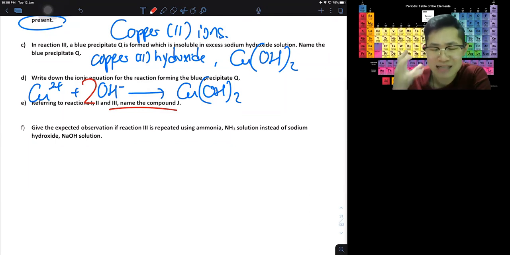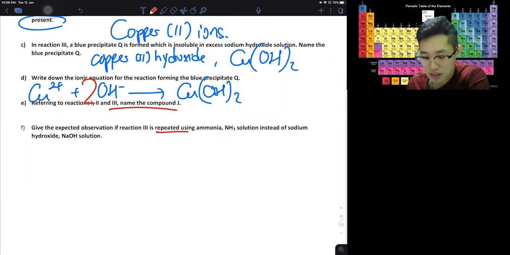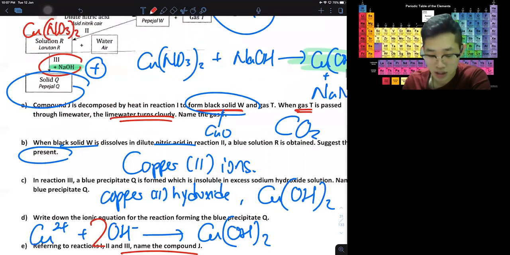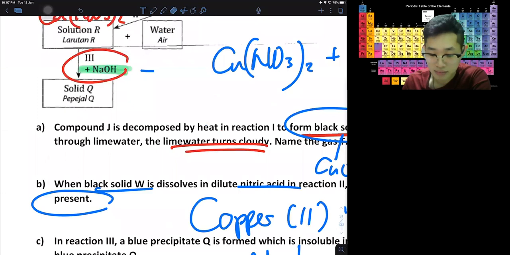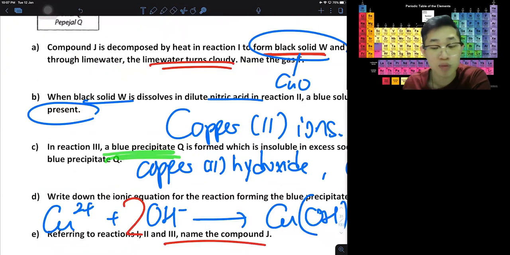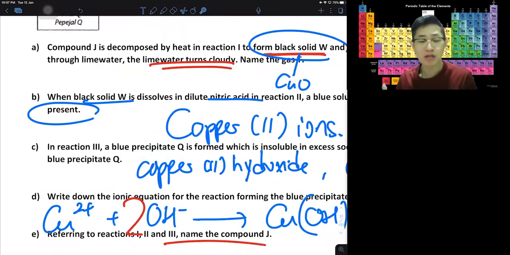Give the expected observation if reaction 3 is repeated using ammonia solution instead of sodium hydroxide. So you see, they're actually asking you this question. They said, if we add NaOH, we get a blue precipitate.